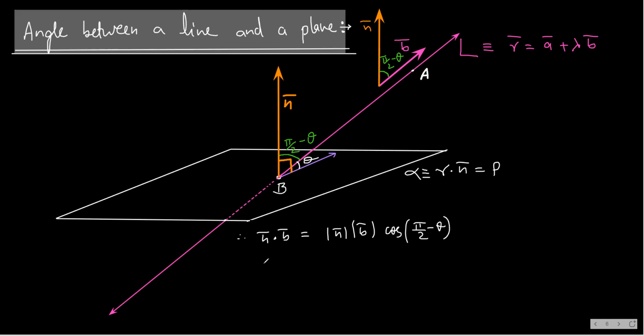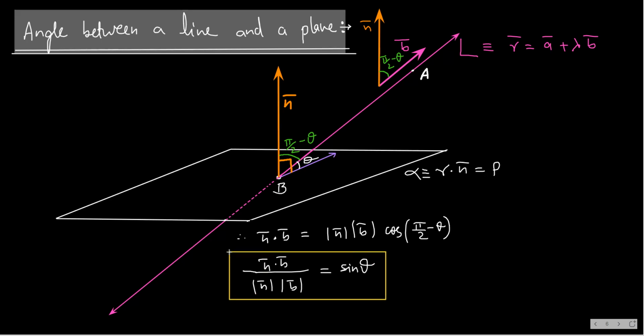So I have n bar dot b bar upon mod n bar mod b bar is equal to cos of pi by 2 minus theta, which is sine of theta. And this is it. I got the angle between the line and the plane.